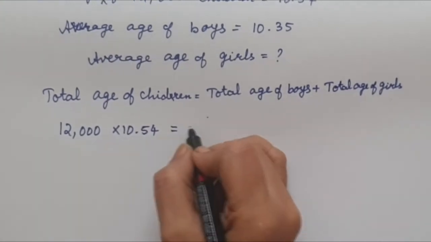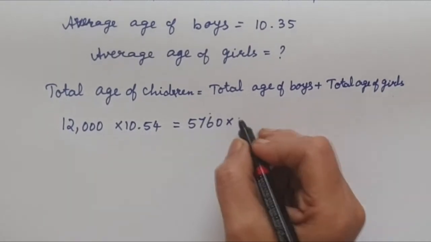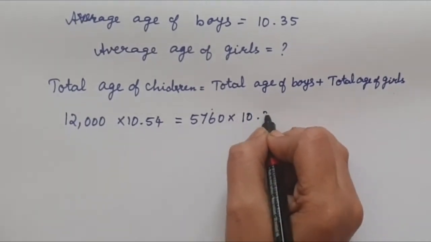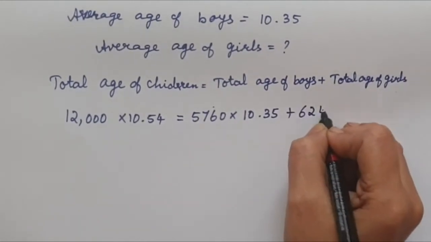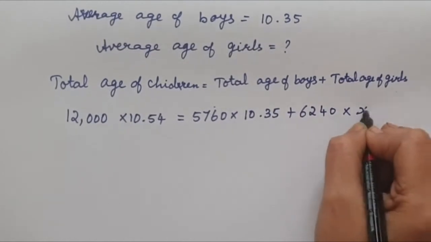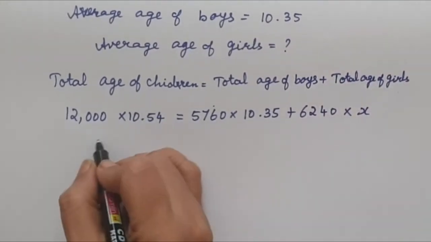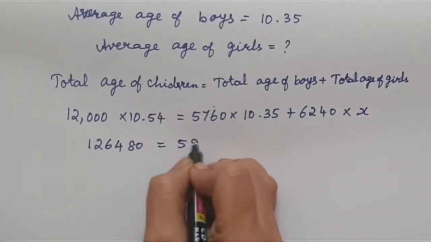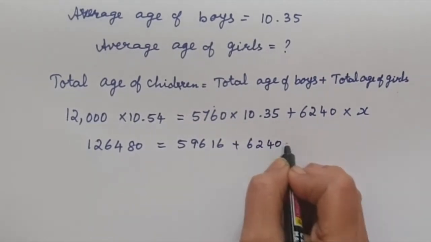In the same way, we have 5,760 boys and their average is 10.35, plus 6,240 girls. We need to find their average as x. That will be equal to 126,480 will be equal to 59,616 plus 6,240x.